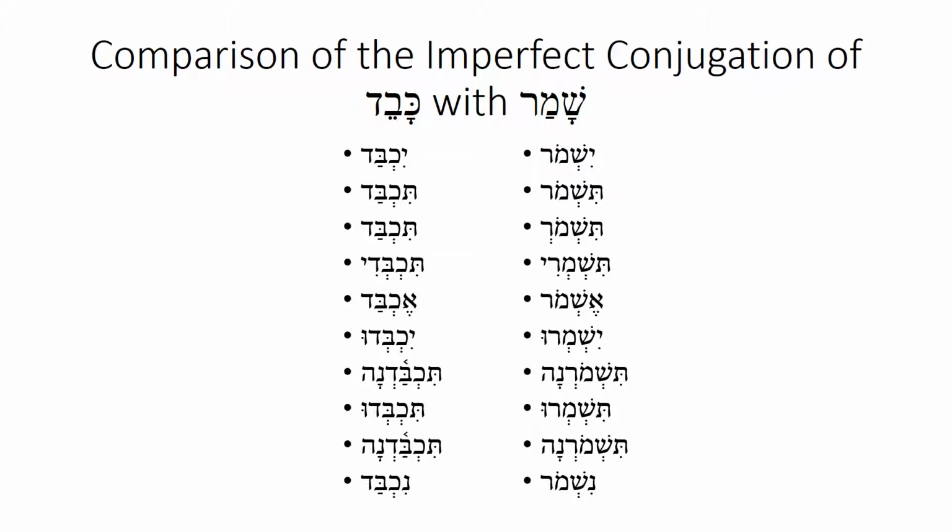Try and parse this, and if you didn't know what it was, what would you be tempted to parse it as? It's got a nun prefix here with a hireq, a shewa, and a patha. Doesn't that look like a niphal perfect third person masculine singular? It does, doesn't it? But it is not.